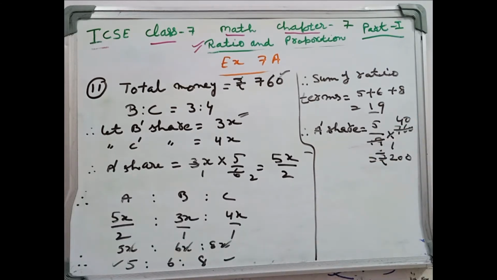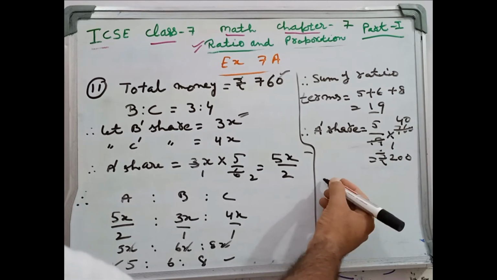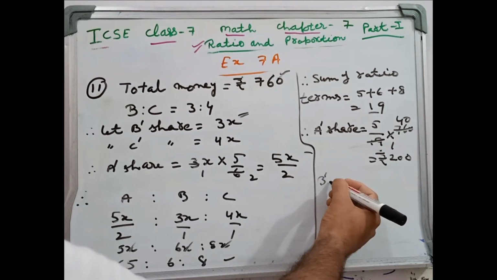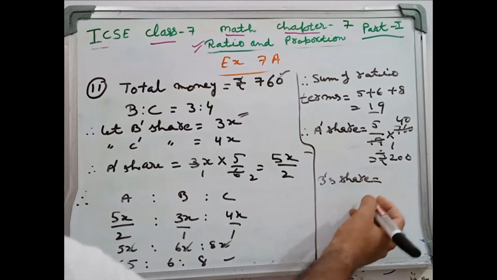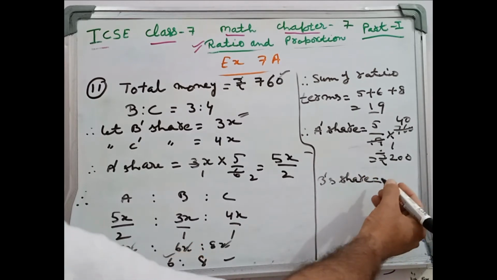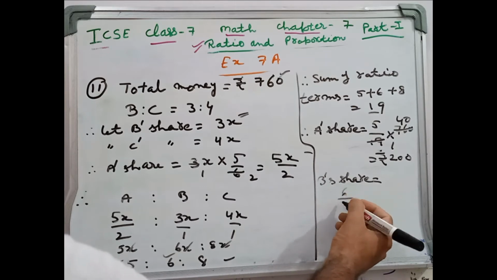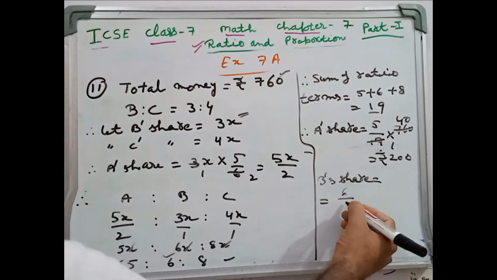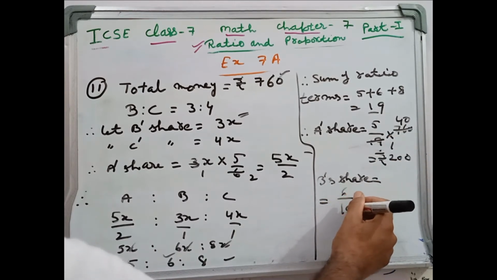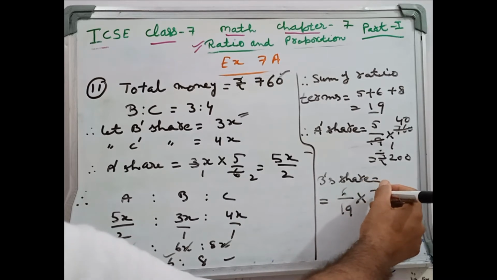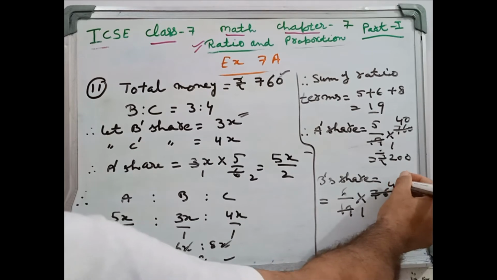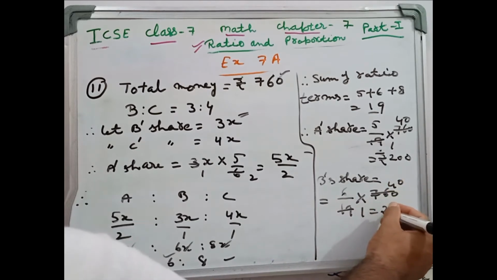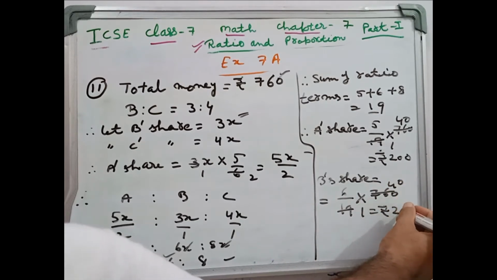Right? Now B's share. B's ratio is 6 upon 19 multiplied by 760. 19 ones are 19, 4, so this has become rupees 6 fours are 24, 240.